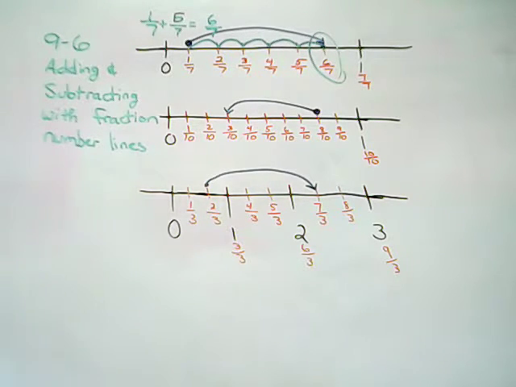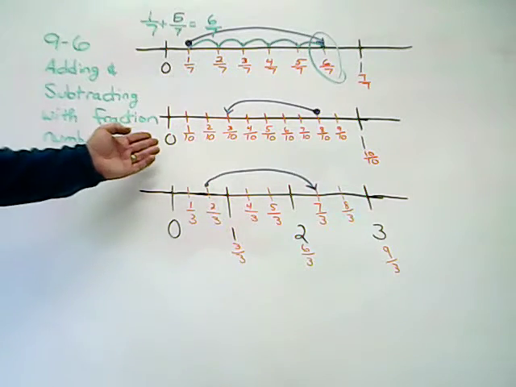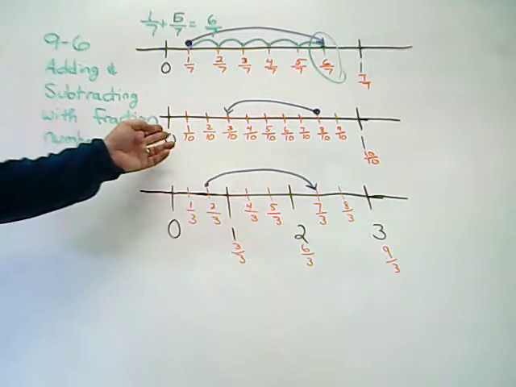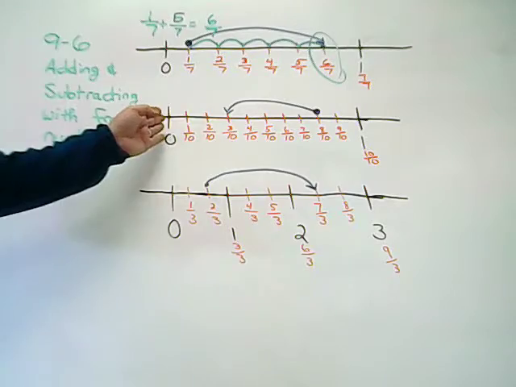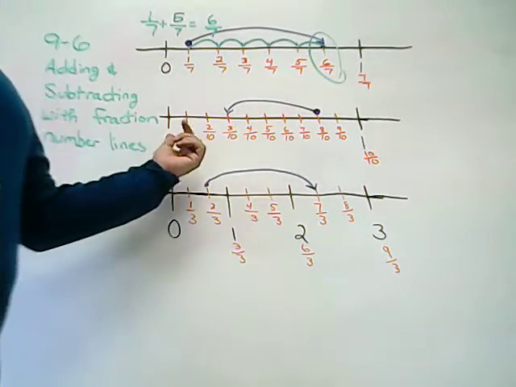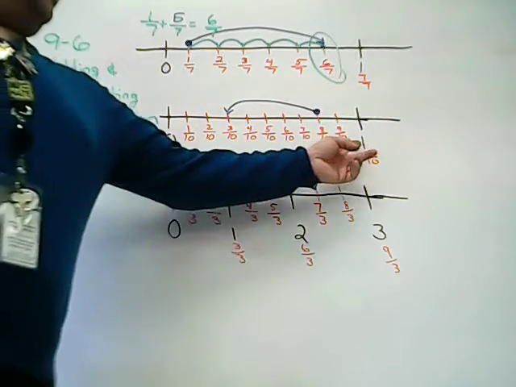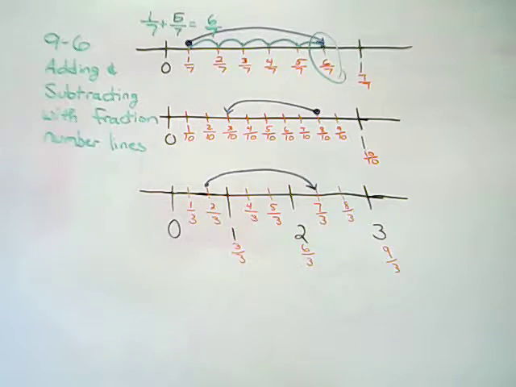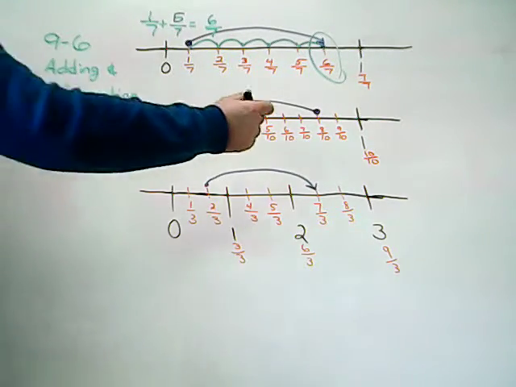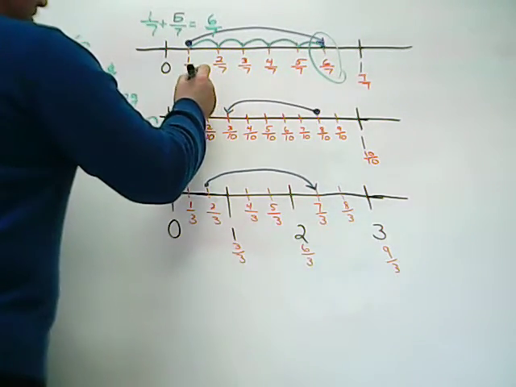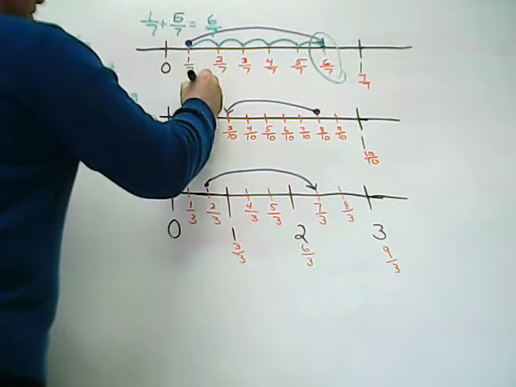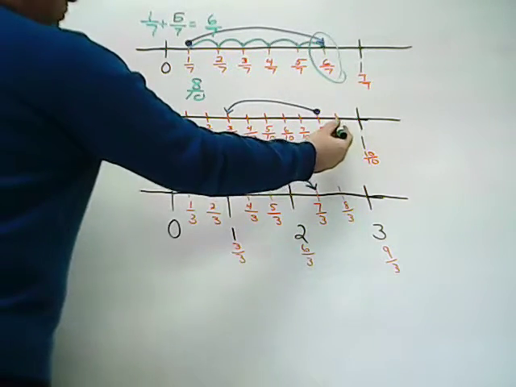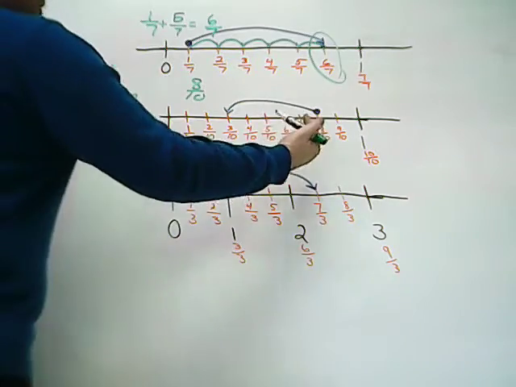My second example is going to be a subtraction example. Again, I've broken my fraction number line, this time, into tenths, so that there are 10 equal pieces between the whole numbers of 0 and 1. In this case, I'm starting my dot at 8/10, and I'm moving from the whole number 1 backwards towards 0.